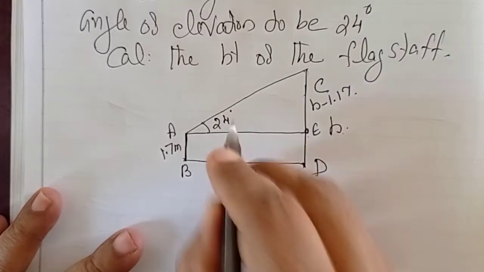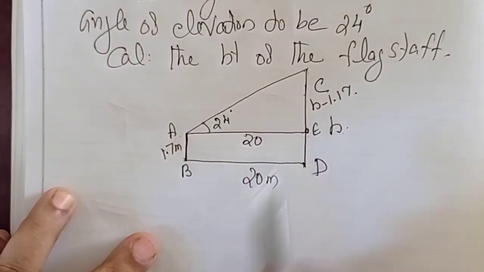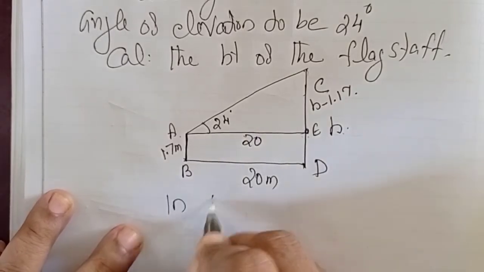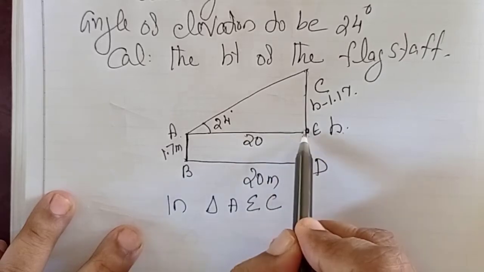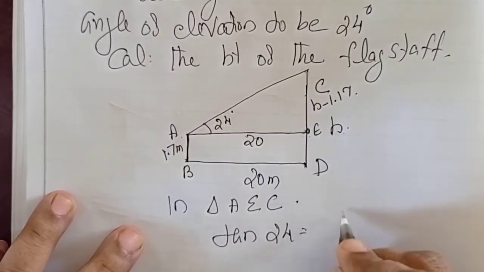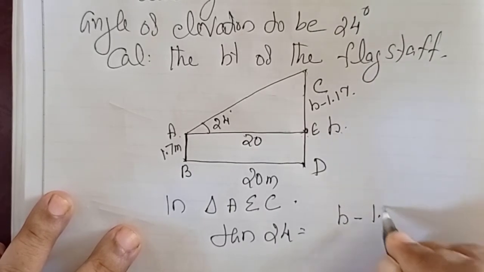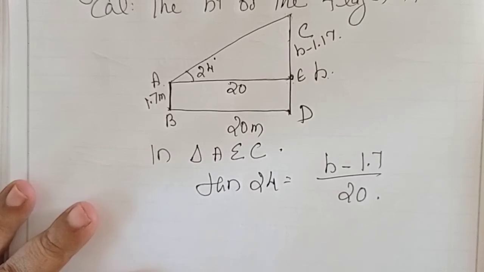Here BD is 20, so this is a rectangle. Therefore, that base A is also 20. In triangle AEC, listen carefully, tan 24 equals h minus 1.7 by 20.